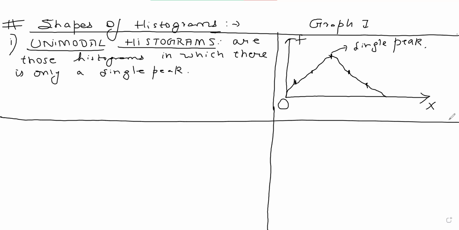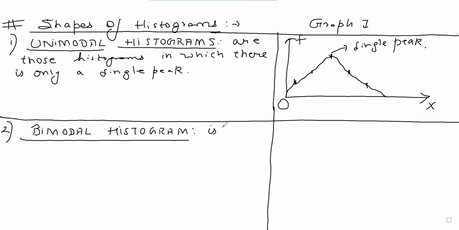What is meant by a bimodal histogram? The bimodal histogram is the one that has two different peaks. As the name suggests, bimodal means it has two different peaks.